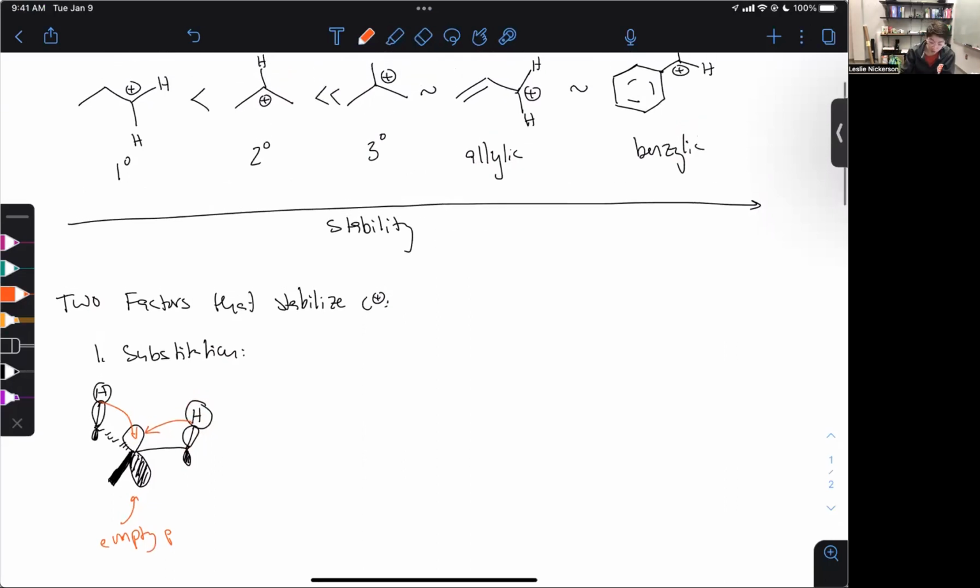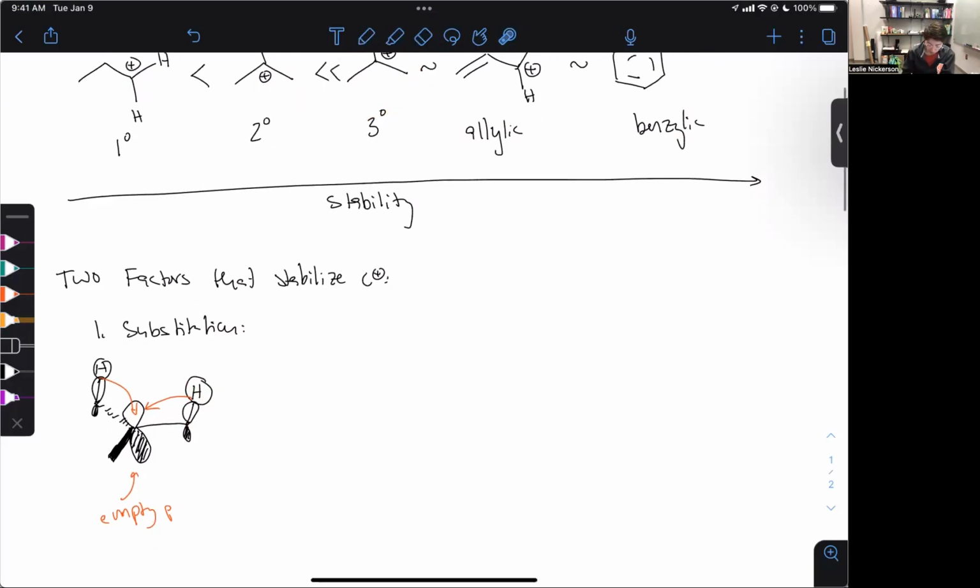So the more substitution I have, the better I can make that stabilization effect occur. If I just had an H here, I'd only have the two options. But if I have the CH3, then I have all the other ones.